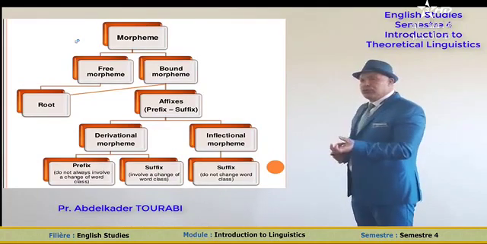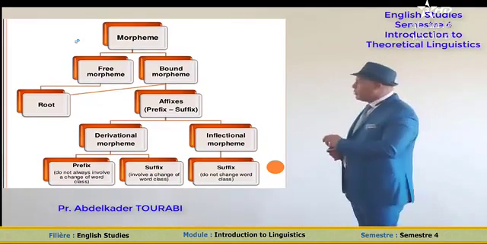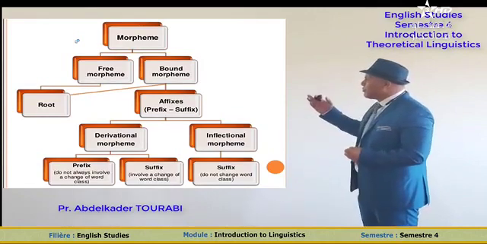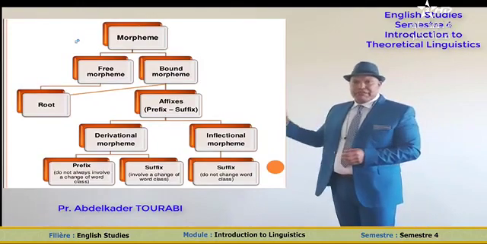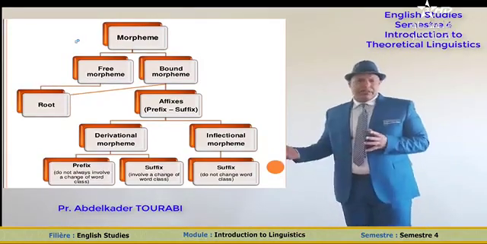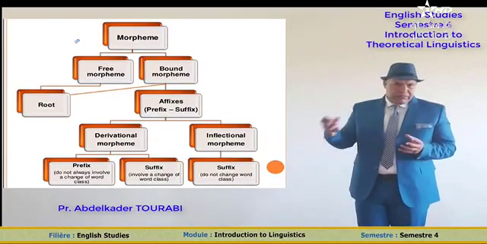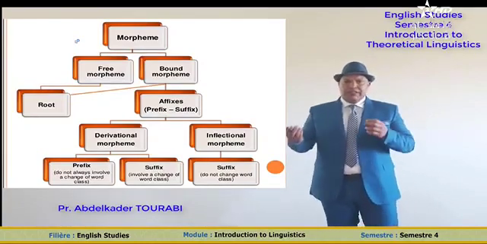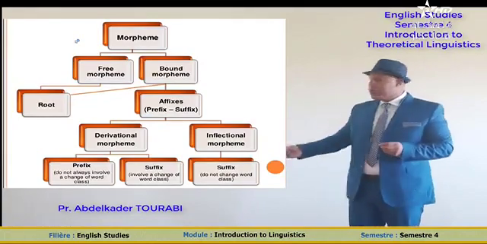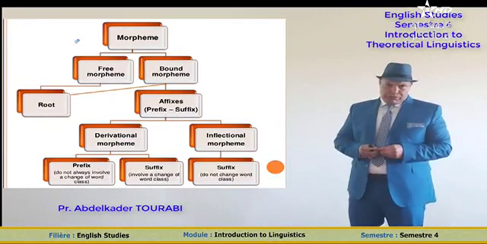Then we have the root. The root can be free or bound. From the bound morphemes, we get affixes. Affixes can be prefixes and suffixes. Then those affixes can be derivational morphemes or inflectional morphemes.